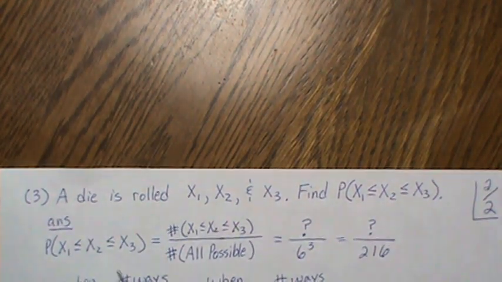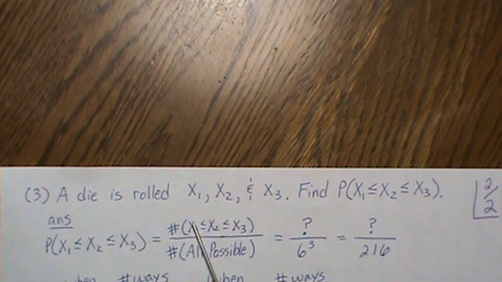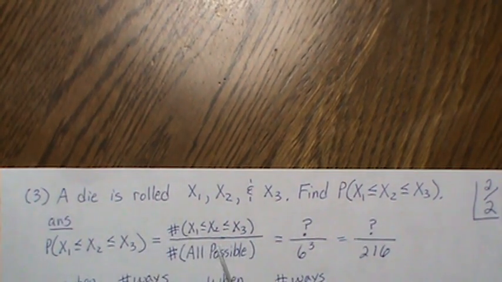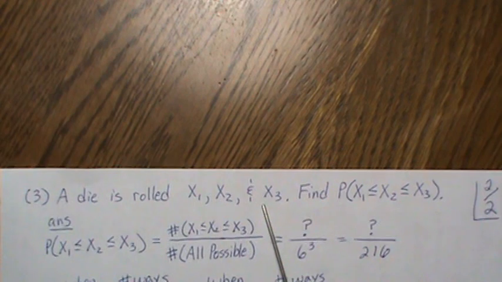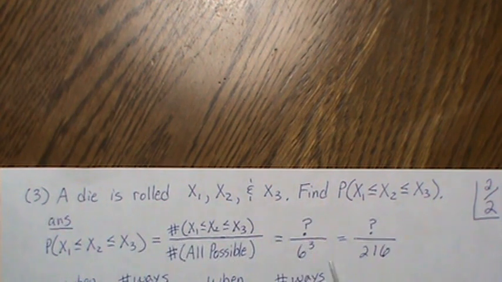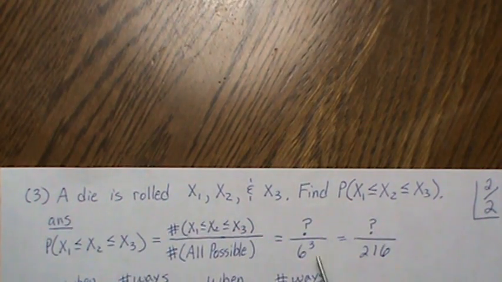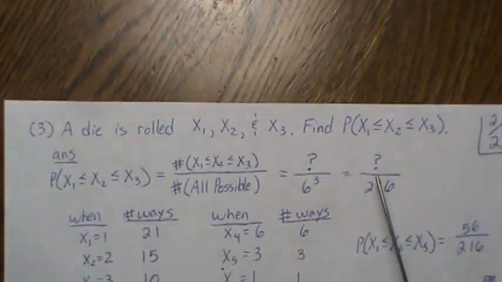The way that we're going to calculate this is the number of ways that we can have this ordering divided by all possible possibilities. Since each roll has 6 possible outcomes, 6 cubed is the number of possible ways, which is 216. Now we don't know how many orderings fit this category yet, so let's figure it out.